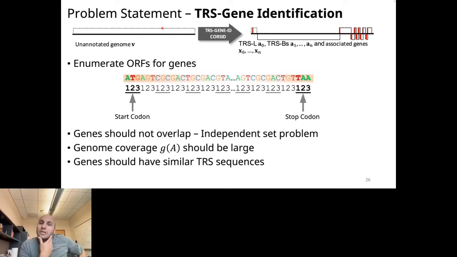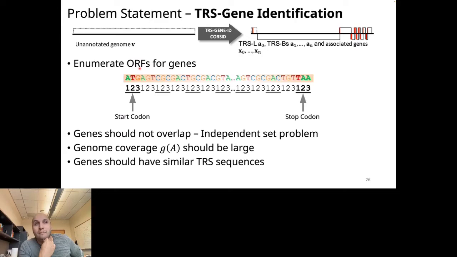So what we actually have in coronaviruses is, there's a couple of things. First of all, this is a very compact genome. So there's not a lot of sequence that doesn't correspond to genes. And the second thing is, genes don't overlap. So this leads to an independent set problem. You can think about each ORF, a candidate gene, which you can enumerate very easily, as a node in a graph.